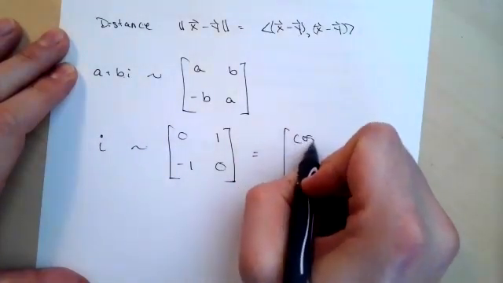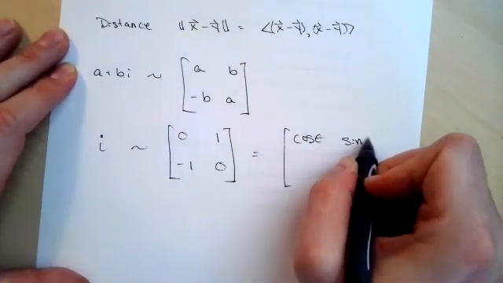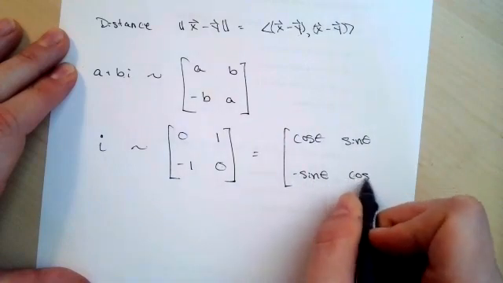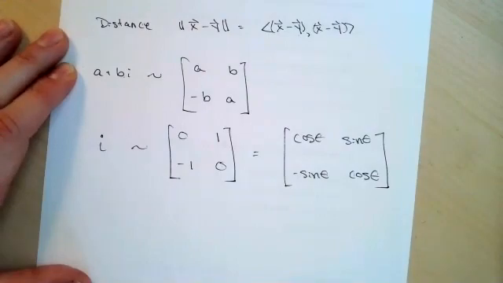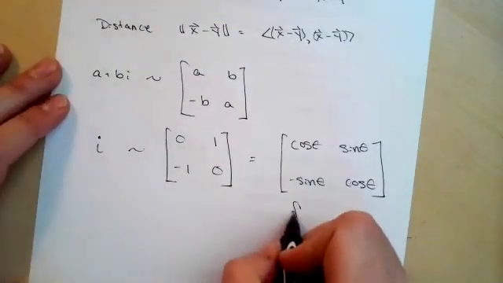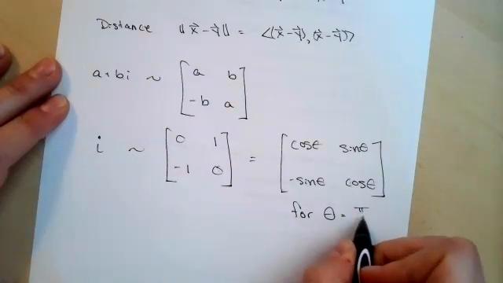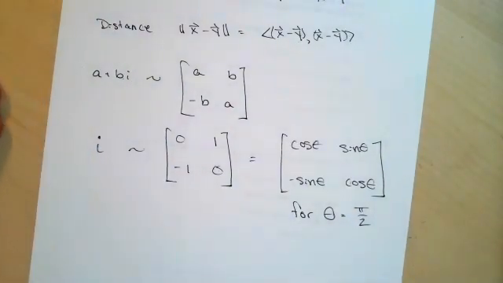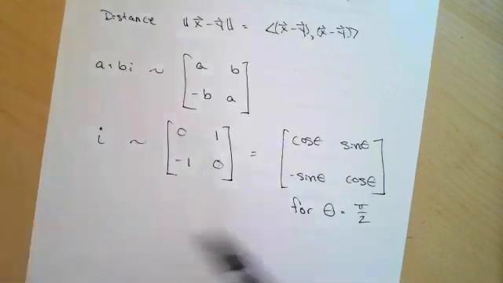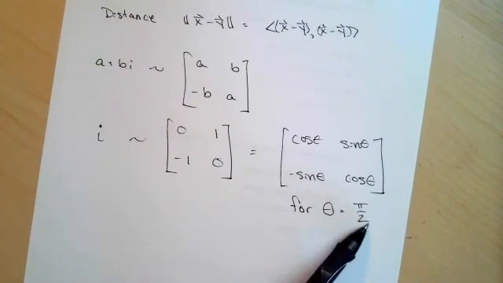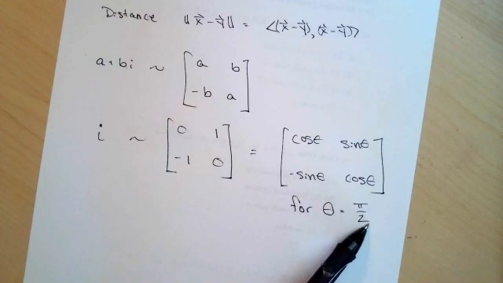I claim we just wrote it down. What angle do we need? So i corresponds to a rotation matrix, a rotation of pi over 2.